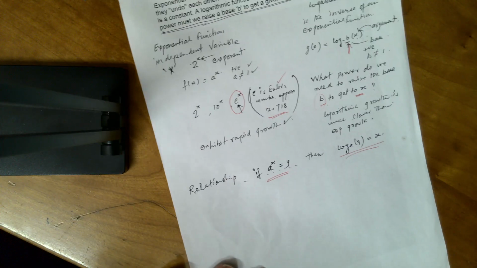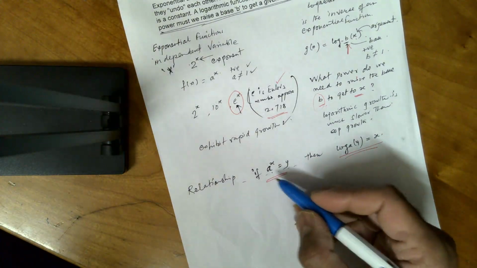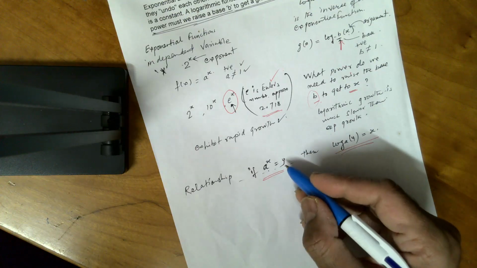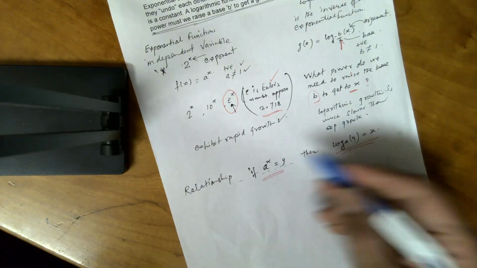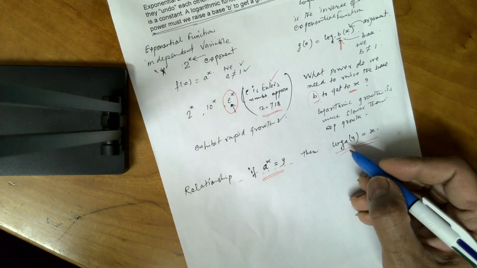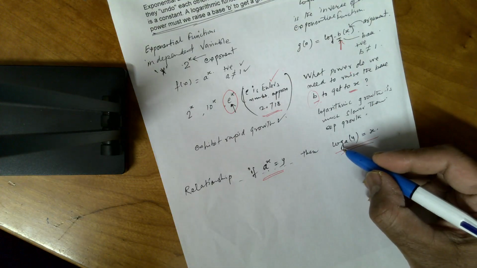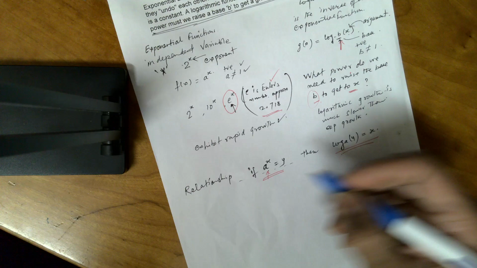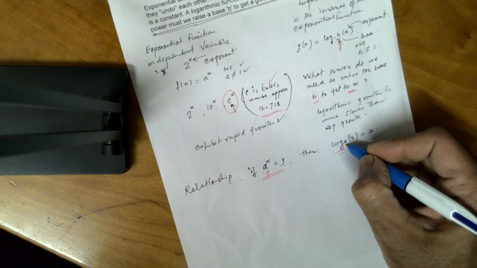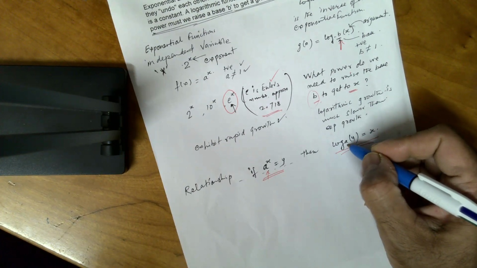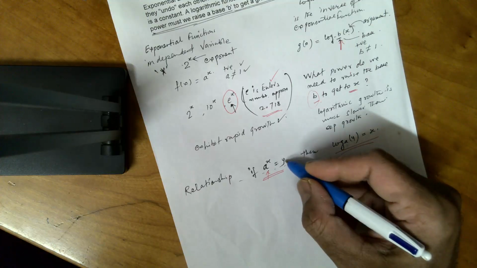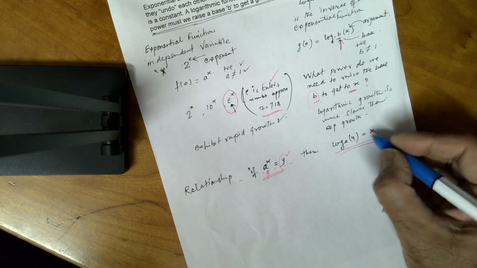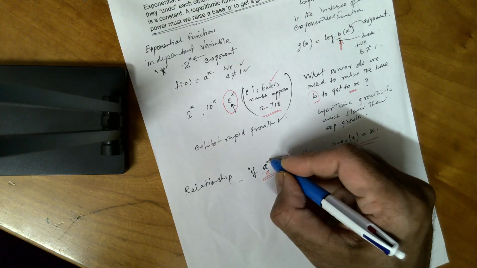So let's go back again here. Here a is the constant, x is the argument, and y is your function. If y is equal to a to the power x, then the relationship with the logarithm is that we take the logarithm with base a, the constant, of y, and we get x.